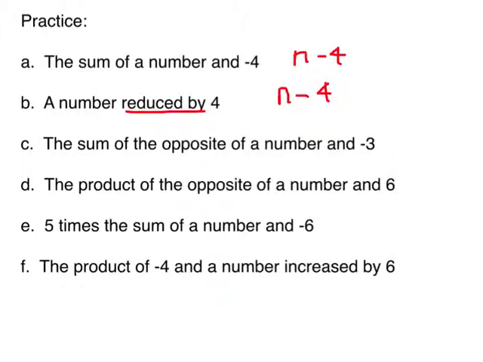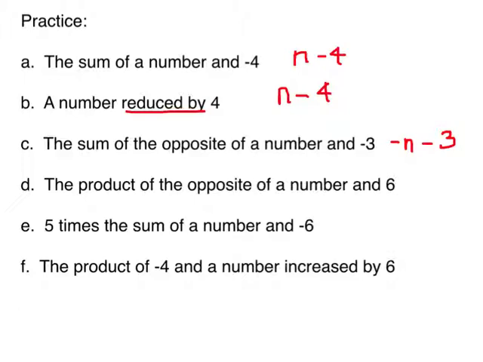C, the sum of the opposite of a number and negative 3. Now when we did opposites that lesson, we know that the opposite of a number is its negative. So if we don't know what n is, the opposite of n is negative n, minus 3.